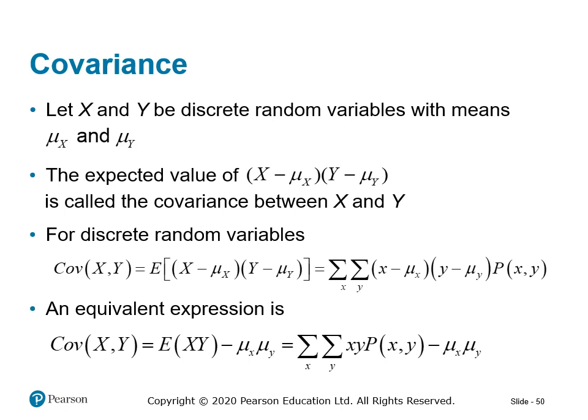So an equivalent expression I can write is the expected value of x times y minus the product of my means, mu x times mu y. That is a summation of x times y, over all the x's and all the y's, times the joint probability of little x and little y, minus the mean of x times the mean of y, or mu x, mu y.